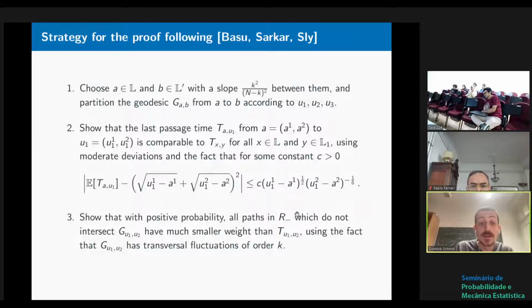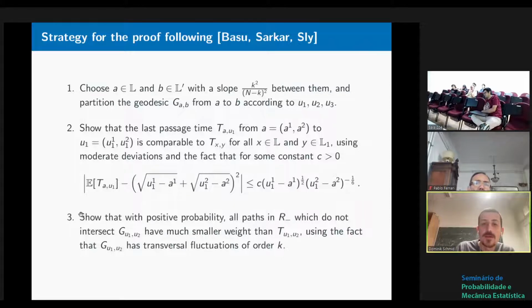the R minus, that these paths must be of much smaller weight than the geodesic restricted to be between U1 and U2. And this uses also the fact that we have good control on the geodesics from a geometric sense, namely that the transversal fluctuations are of order K. So this is somehow why we exactly choose the two lines at distance n squared k to the minus a half.